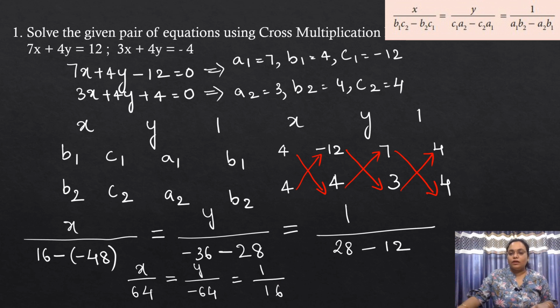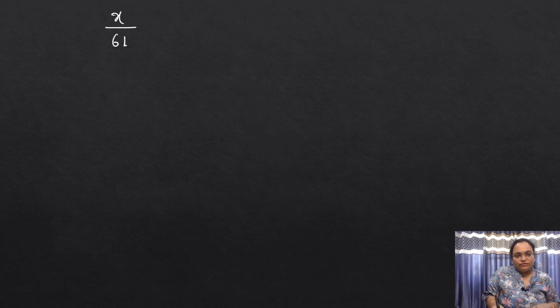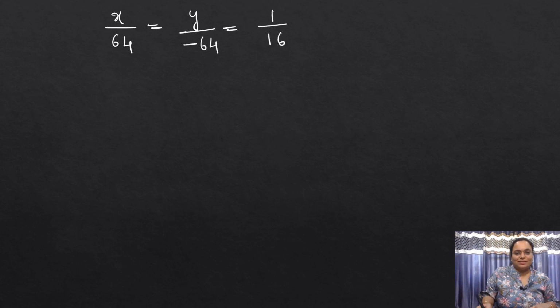Okay. Now let us simplify further. x by 64 is equal to y by minus 64 is equal to 1 divided by 16.